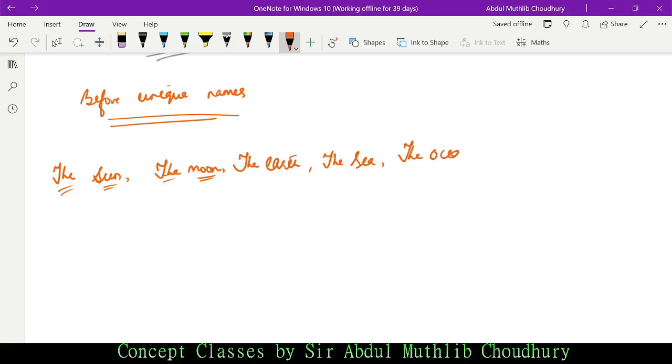So the sun, the moon, the earth, the sea, the ocean. This is how you use article the in case of unique names. Earth only one, sea one, ocean as a whole, one moon, one sun.